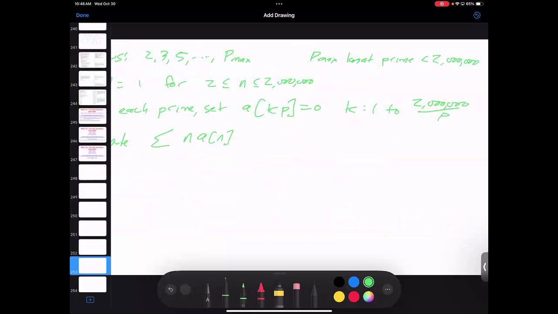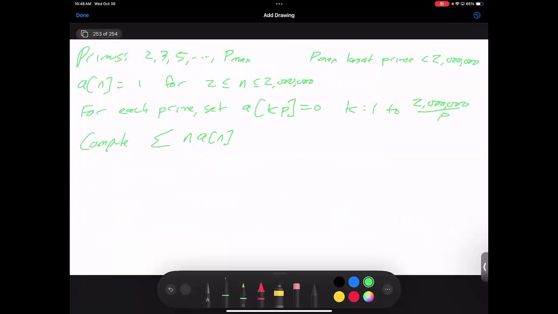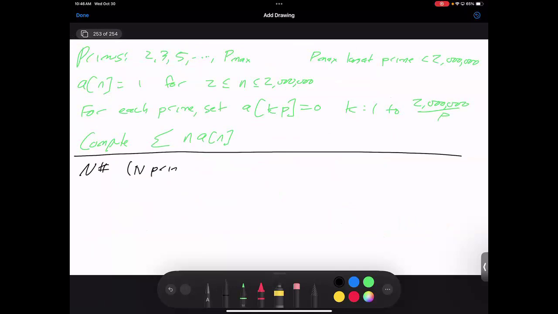If you have distinct prime factors, have you ever heard of the primorial? n primorial is the product of all primes at most n.